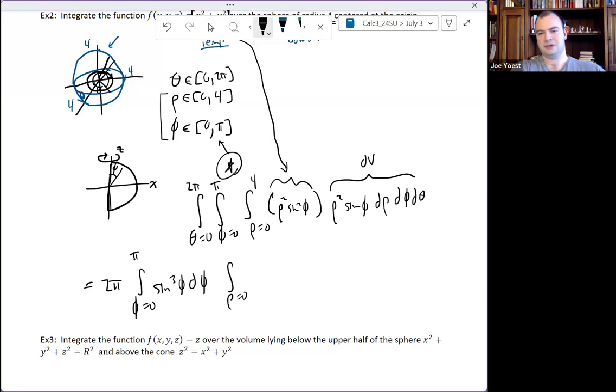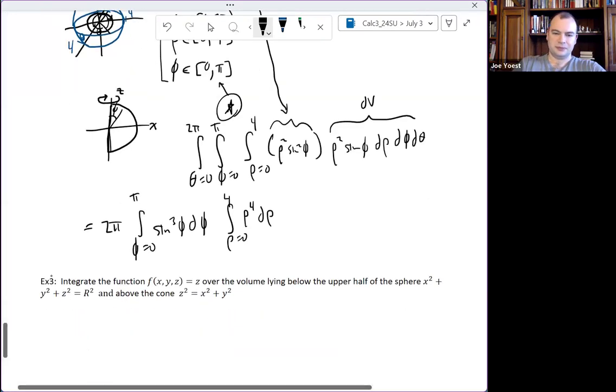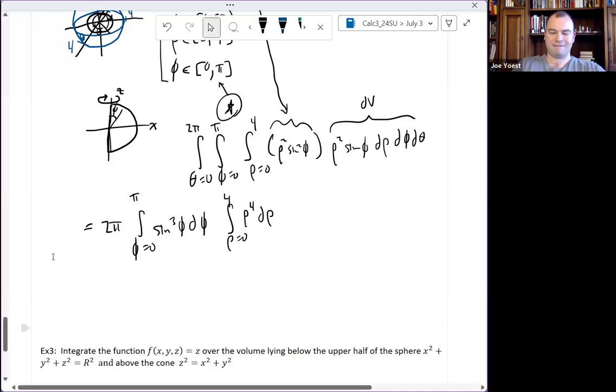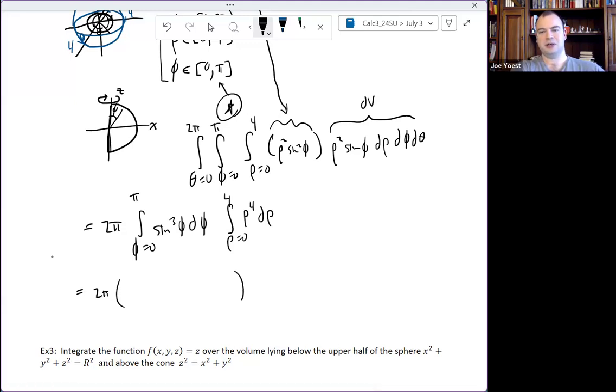And then rho integrates from 0 to 4, rho to the fourth d rho. So this gives me a 2 pi times something that I'll come back to in a second, times 1/5 rho to the fifth, rho going from 0 to 4. Then I need to integrate sine cubed of phi d phi.